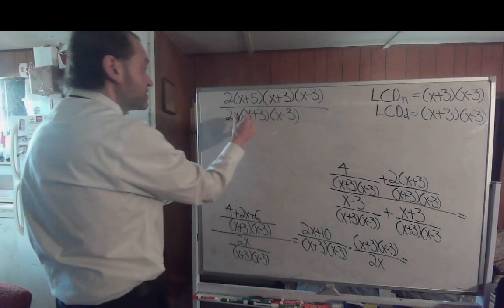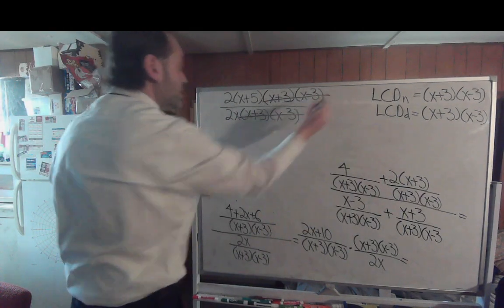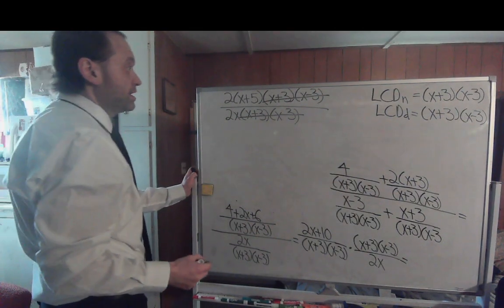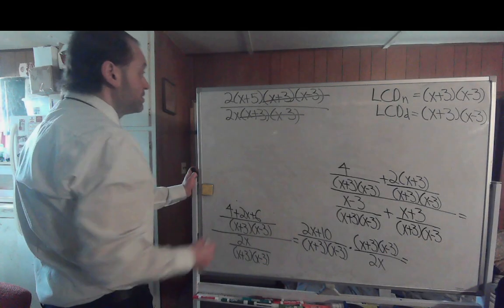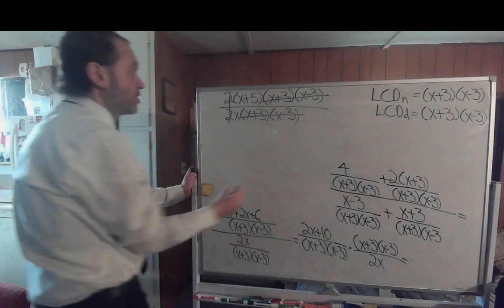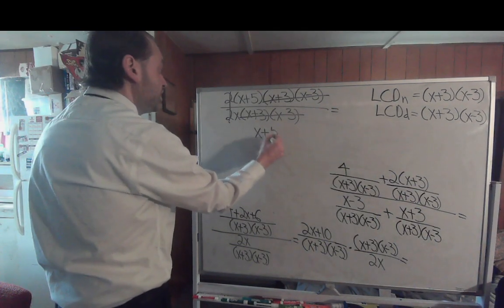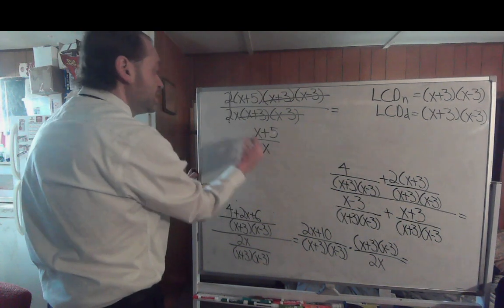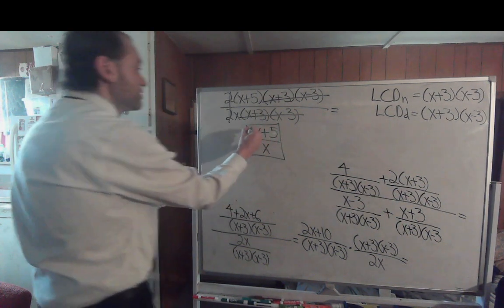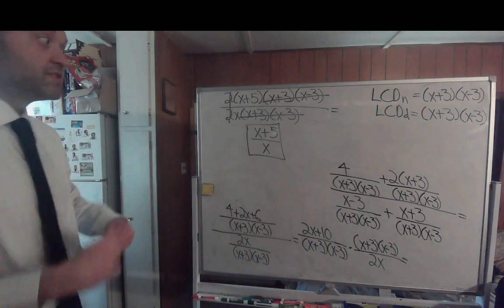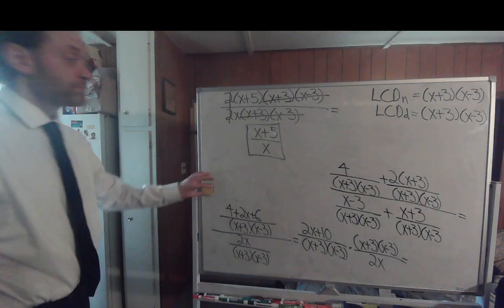Well, x plus 3 and x minus 3 disappear in both numerator and denominator. And then the 2's disappear in both numerator and denominator. So you're literally left with x plus 5 over x. And that would be your final answer. You would end up getting x plus 5 divided by x.